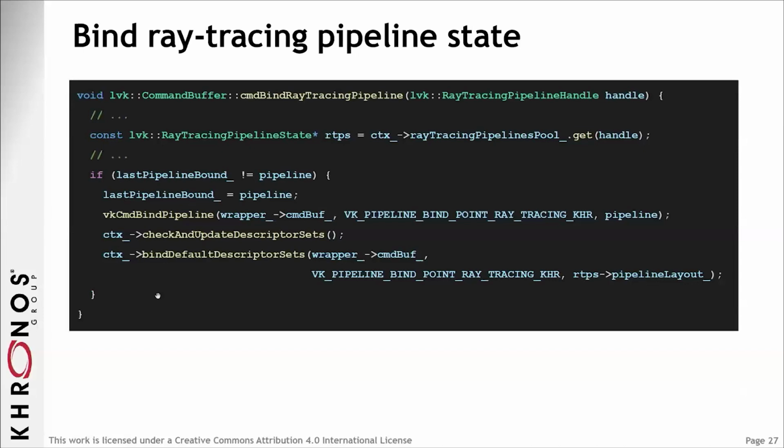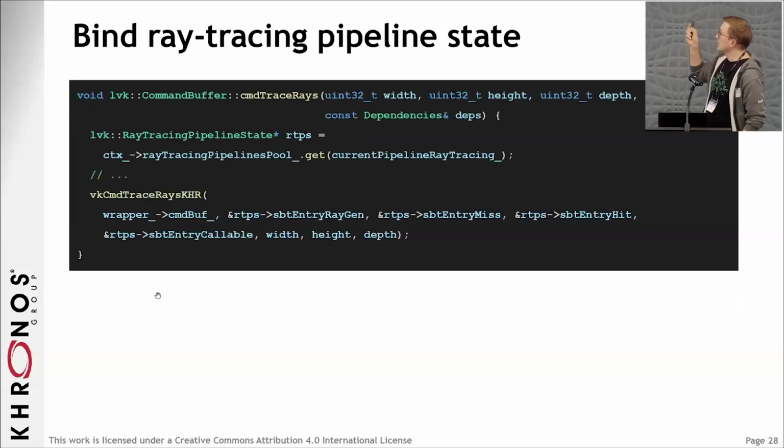When we bind the ray tracing pipeline, first of all we check whether this pipeline is the same as the previous one. If it's not, we rebind the pipeline associated with this ray tracing state, and we update descriptor sets for it. After that, we can just call cmdTraceRays and pass all the regions we stored before to call ray tracing.